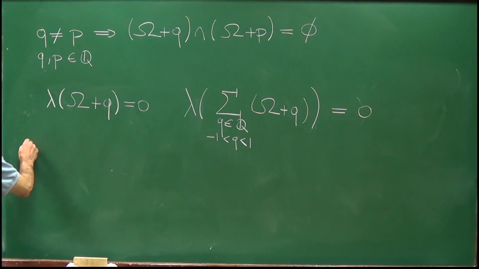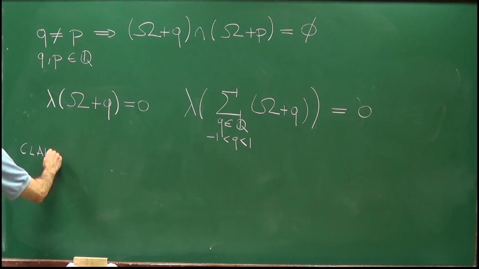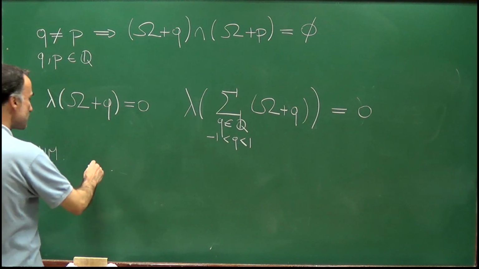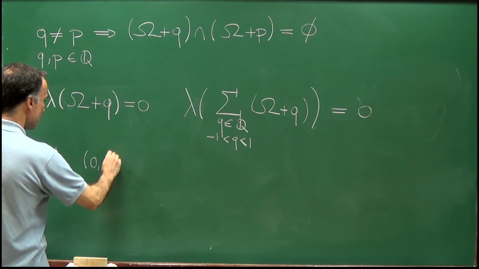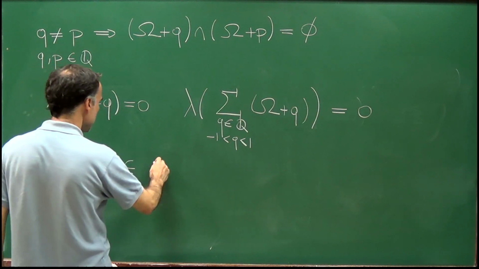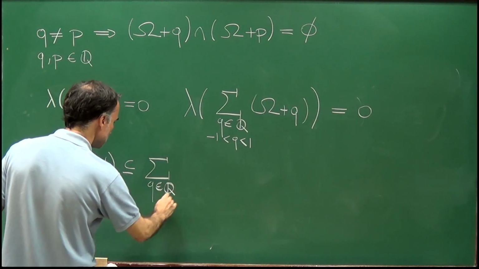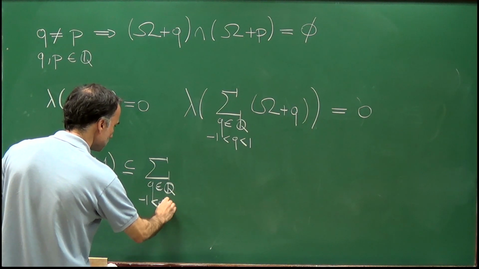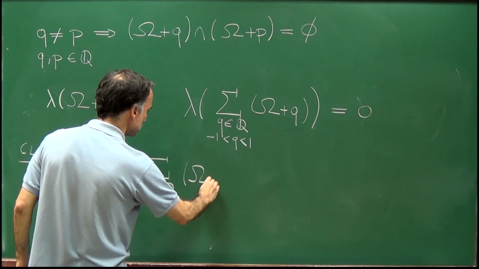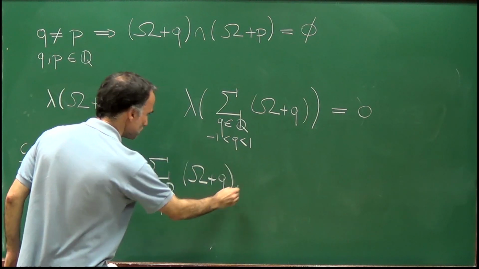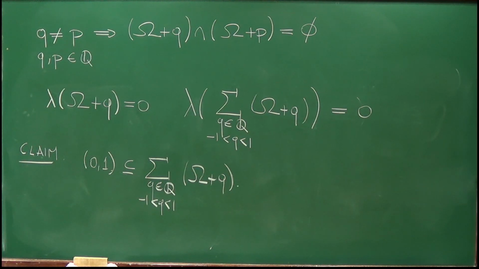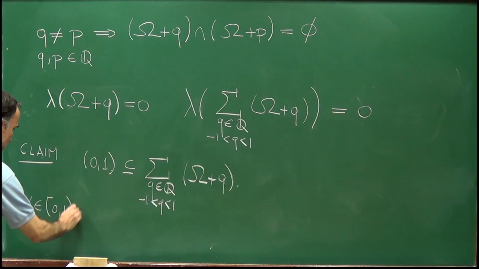Now I claim that the set [0, 1] is contained in this union. Okay, so to prove this claim, let me fix a point x in [0, 1].